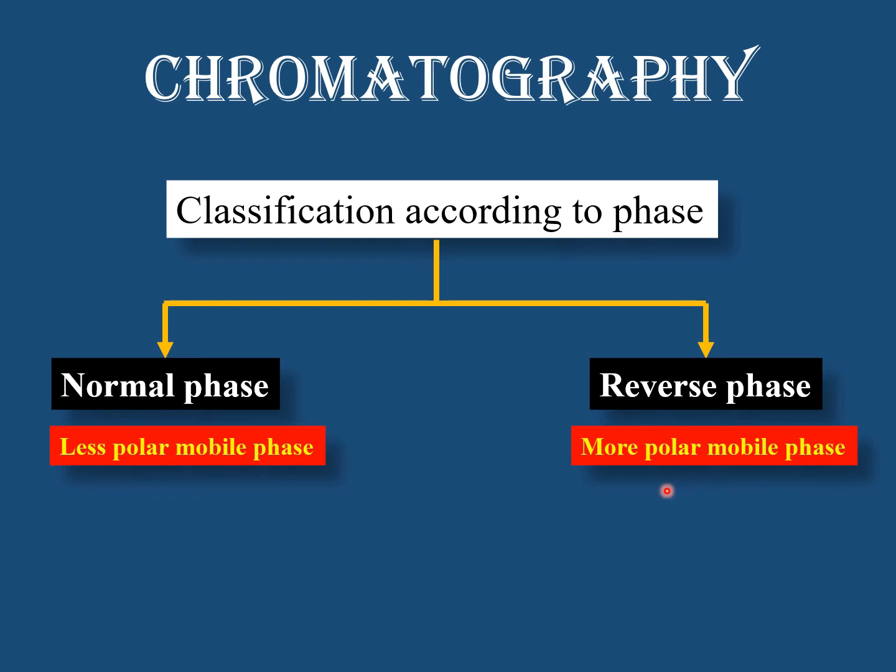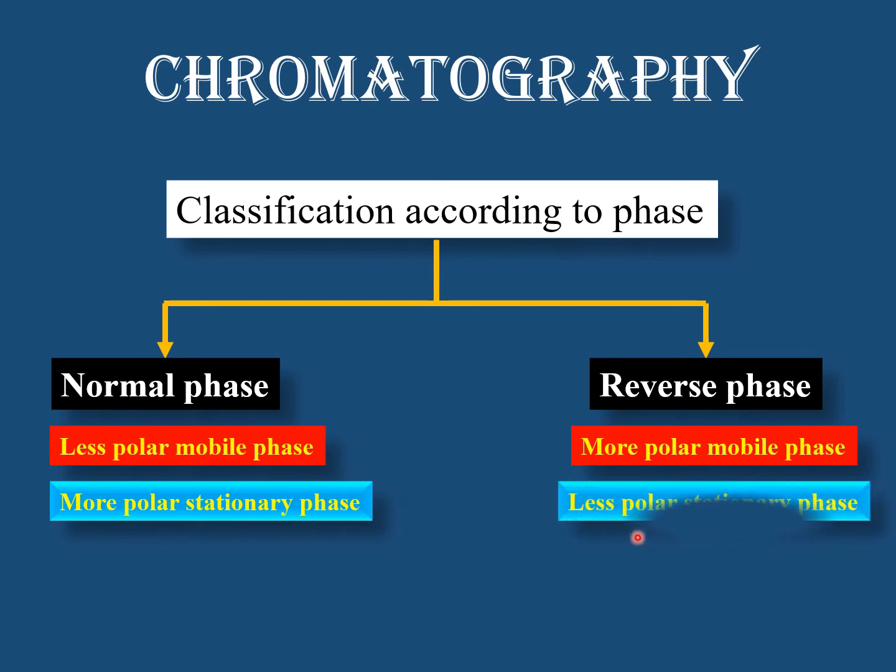For example, methanol or water or a mixture of the two can be used as a mobile phase in reverse phase chromatography. The stationary phase in a normal phase chromatography is more polar than the stationary phase in the reverse phase chromatography. So usually silica is used in a normal phase chromatography experiment, but for a reverse phase chromatography, we usually have a less polar stationary phase.